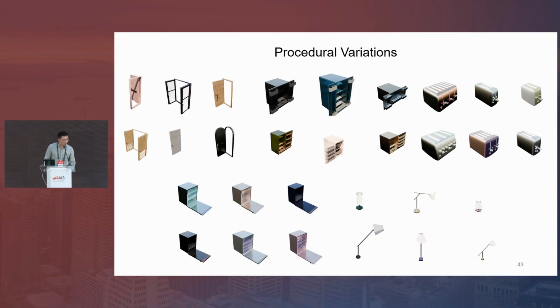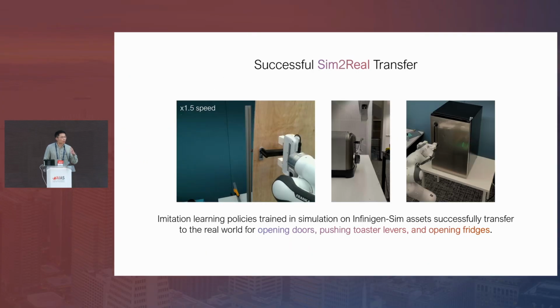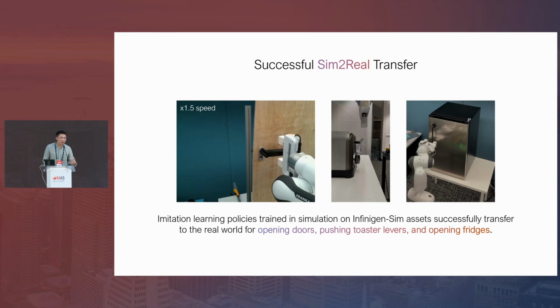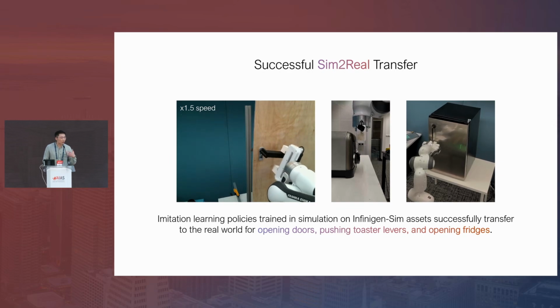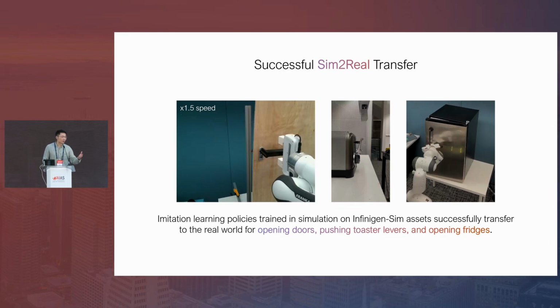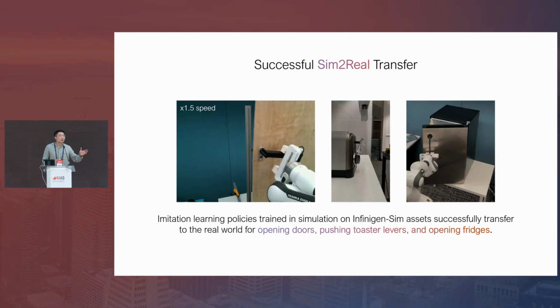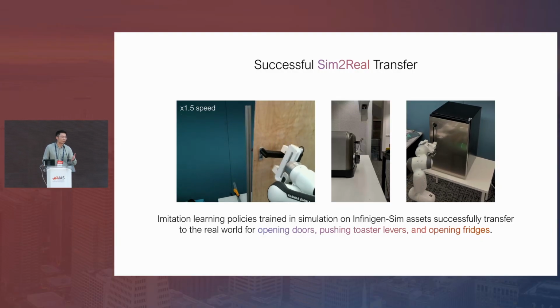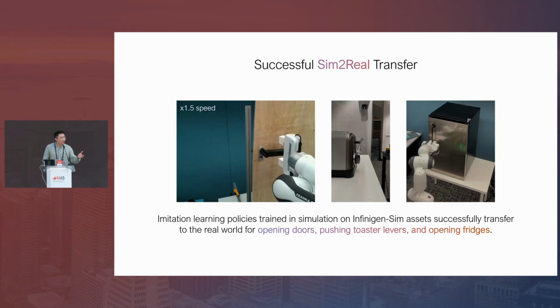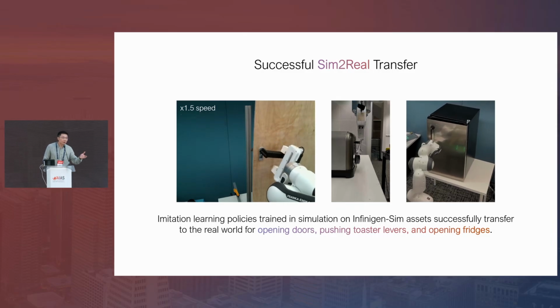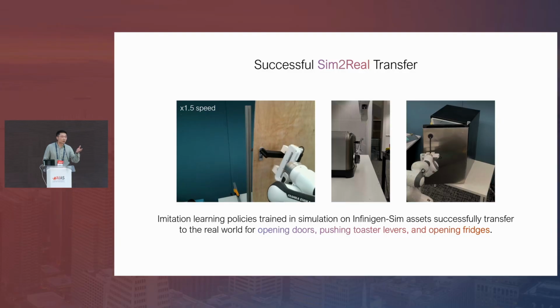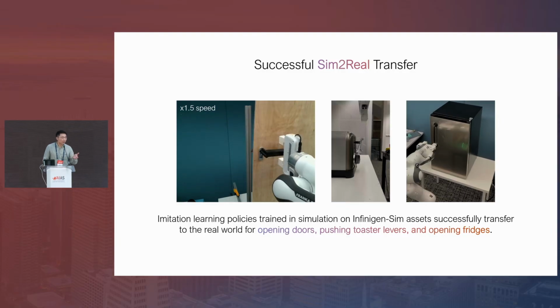And we have shown that these articulated simulation-ready assets are actually useful for training embodied AI in simulation. For example, we have actually trained robotic policies in simulation, using these procedural articulated assets for a bunch of skills that we'd like a robot to have. And we can show that this can actually transfer to real zero shot.